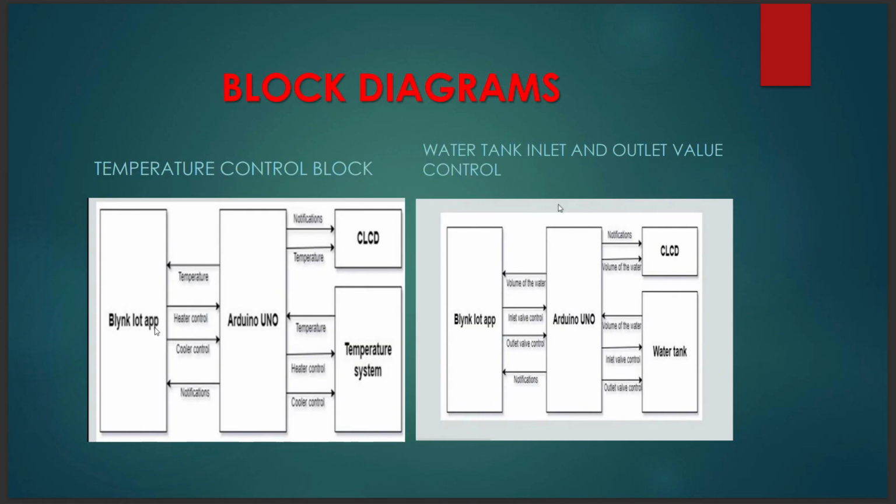Firstly, the Blink app is connected to the Arduino board and it is connected to the CLCD and temperature system. In the water inlet and outlet valve control block diagram, the Blink IoT app is connected to the Arduino Uno and also the CLCD and also the water tank.